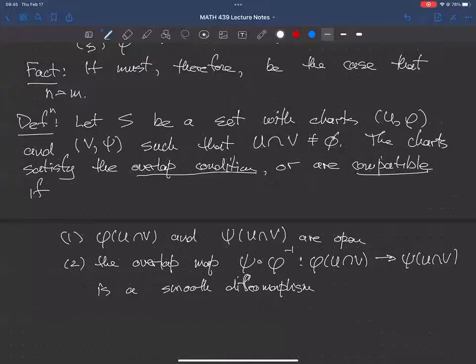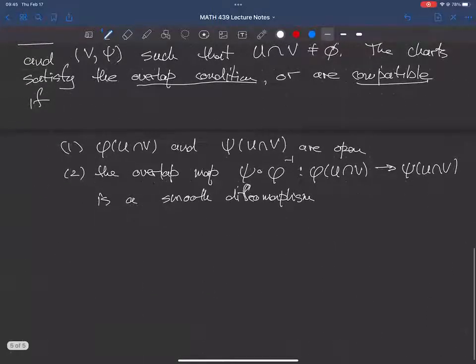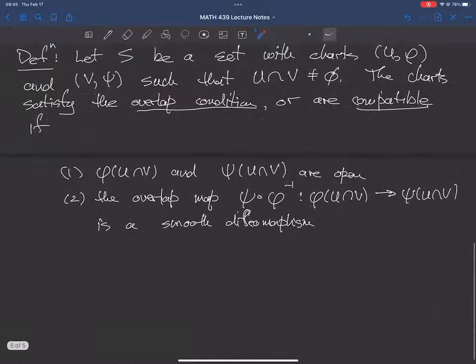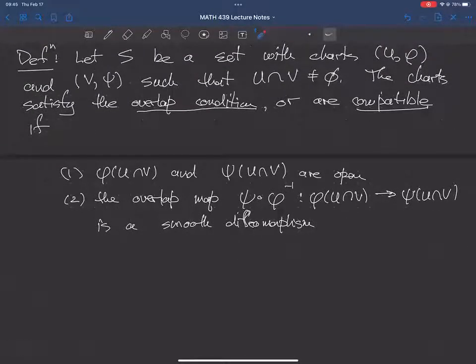The idea is that I have these two ways of labeling the same set of points on my set S, where these two charts overlap, and the means of labeling are going to be consistent, and consistent means exactly this: that when you go from one representation to the other by this overlap map, that's a smooth diffeomorphism.